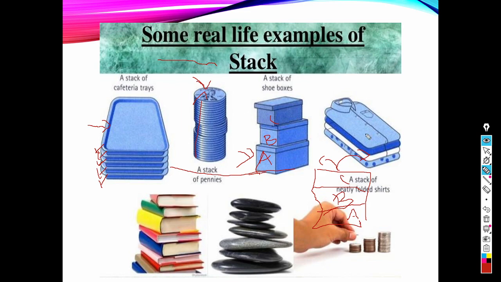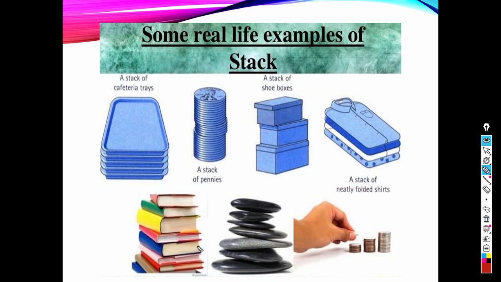The same with clothes, books, stones, and coins. This is nothing but a stack. The first inserted element we see at the bottom, and the last inserted element we see on top. You can take cafeteria trays, a stack of pennies, a shelf of books, and a stack of neatly folded shirts as real-time examples.